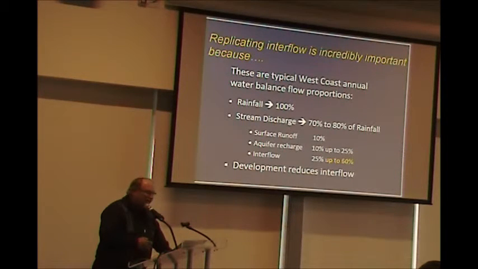Gilles Wendling and other hydrogeologists are finding that only about 10 to 25% of it actually gets into the saturated aquifers, generally. And that means that the interflow system is looking at anywhere from 25 to 60% of the flow into the stream going through the interflow system, not through the deep aquifers.